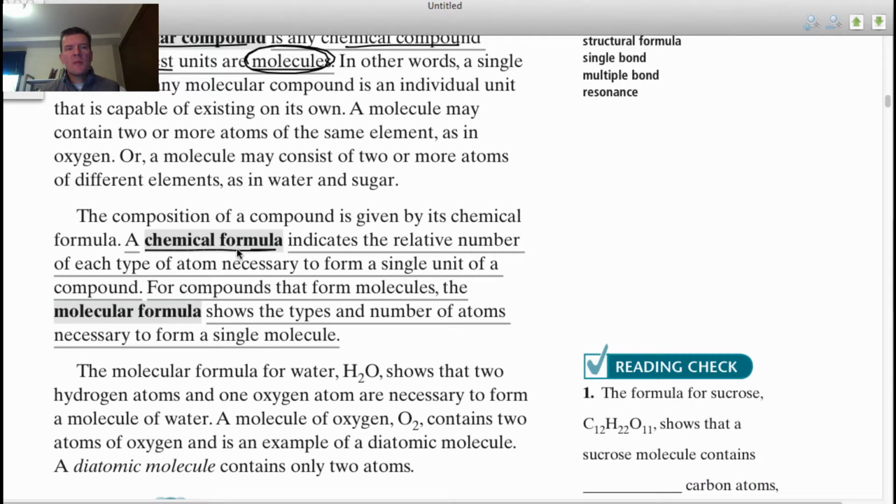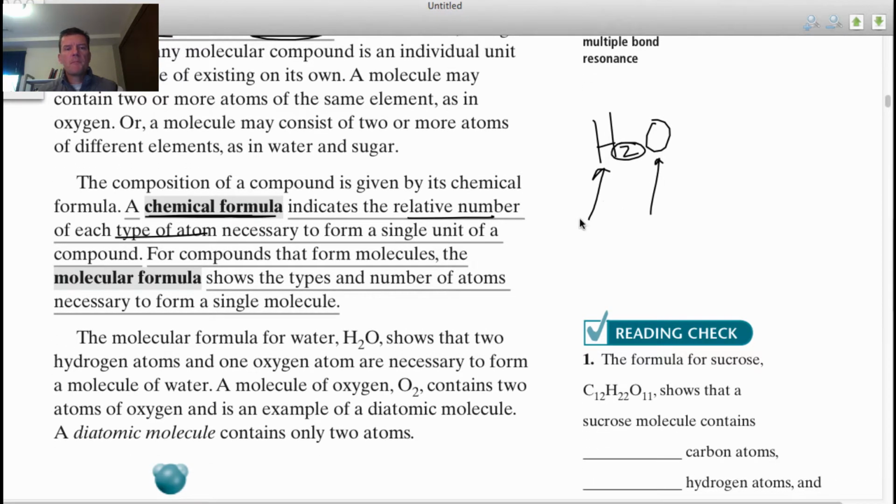And we're going to come up with chemical formulas that indicate the relative number of each type of atom. So, you're familiar with H2O. This is a chemical compound. It tells us how many of each element are in that compound. You've got two hydrogens bonded with one oxygen. Okay? So we're going to come up with chemical formulas, or maybe we'll call them molecular formulas.